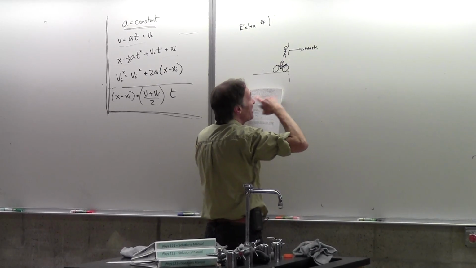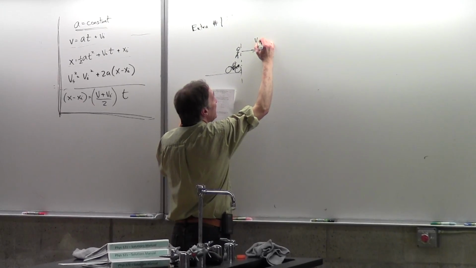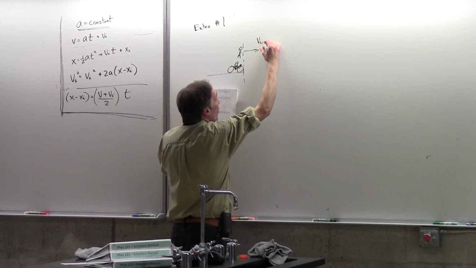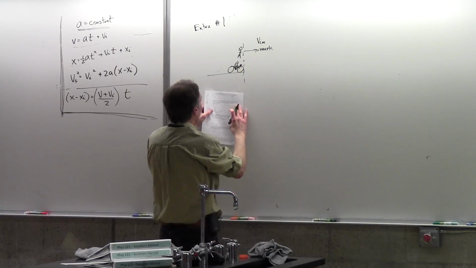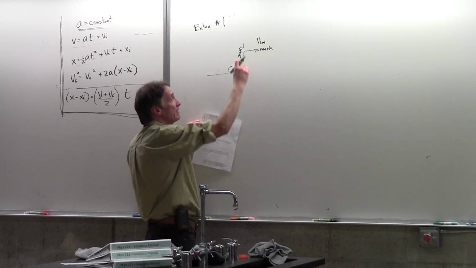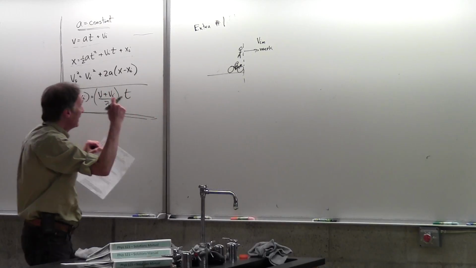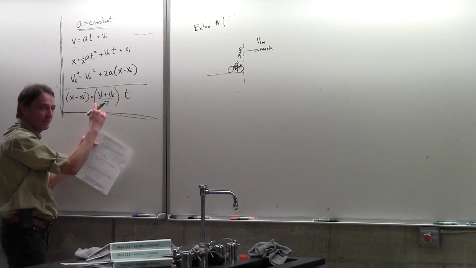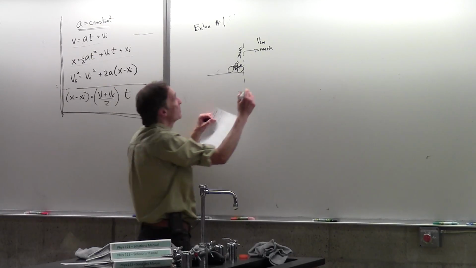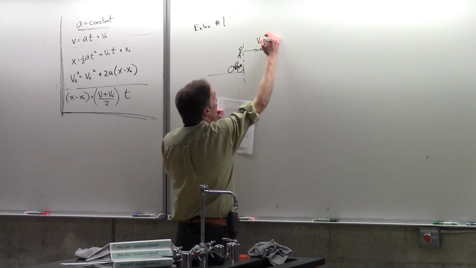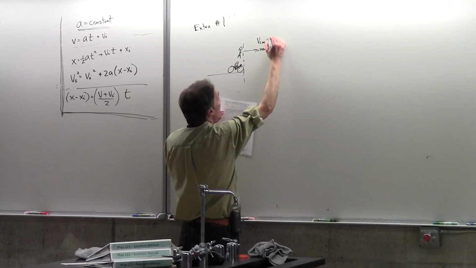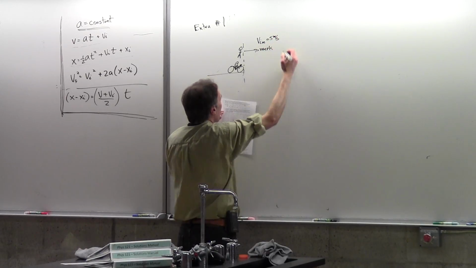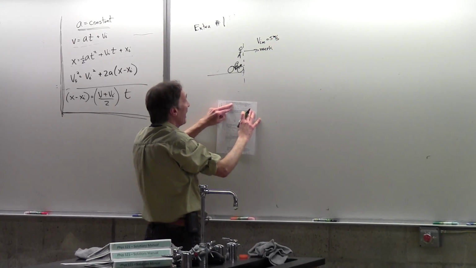Now I would suggest we do something like V initial with a subscript M for Mark. I need to distinguish between these two because I have two bodies and they each will have their own equations of motion. So V initial of Mark is 5 meters per second, and he's at a constant speed.